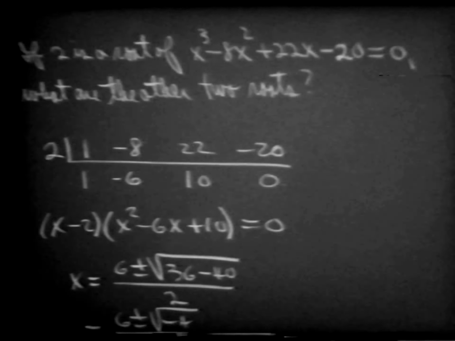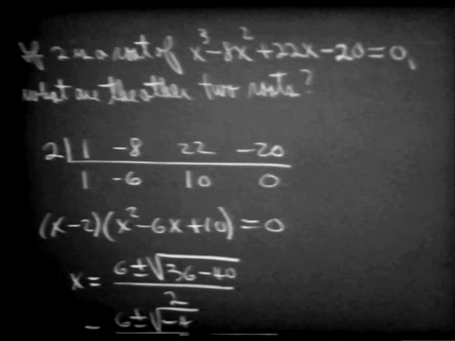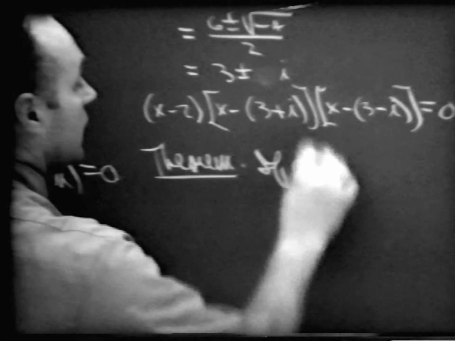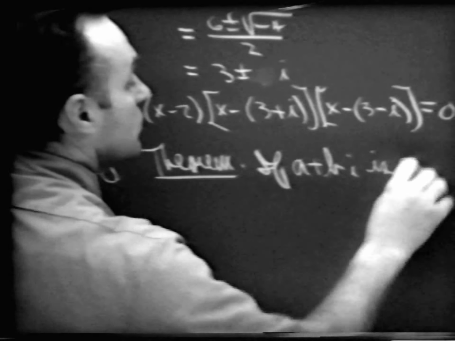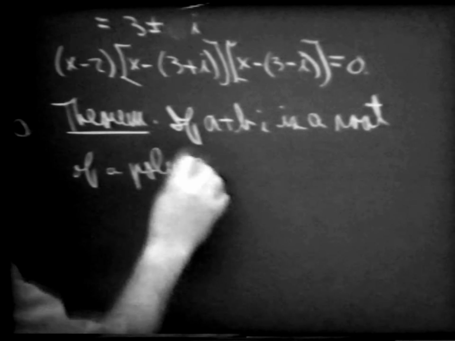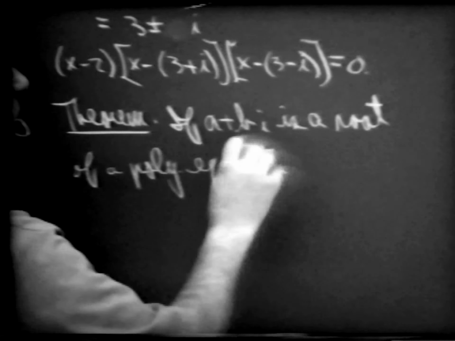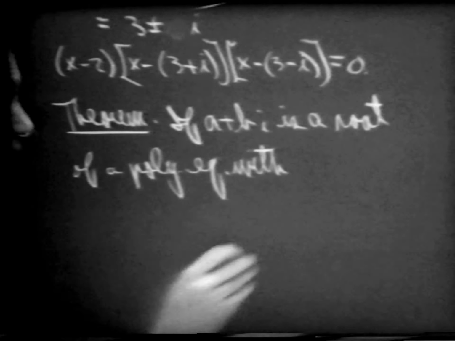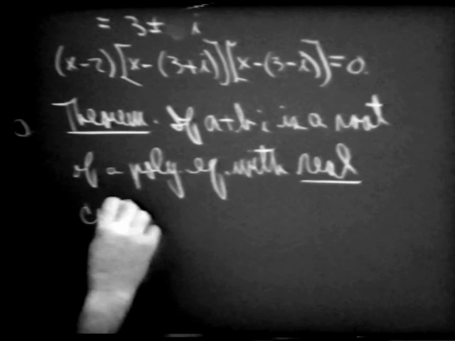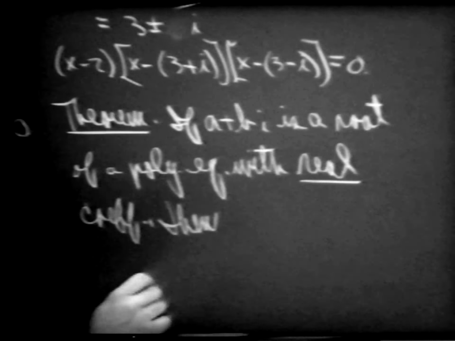Is that right? So in fact, we may state that as a theorem. What do we want to say? If a plus bi is a root of a polynomial equation with what? What is the important word here? With real coefficients. With real coefficients, then what is our conclusion?